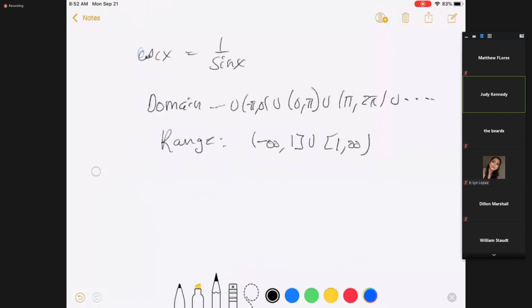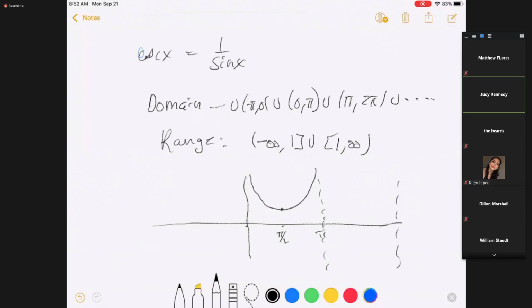And okay, so it's 1 over the sine. So that means that the y-axis is an asymptote. And at pi over 2, and then 2 pi, 1, minus 1.